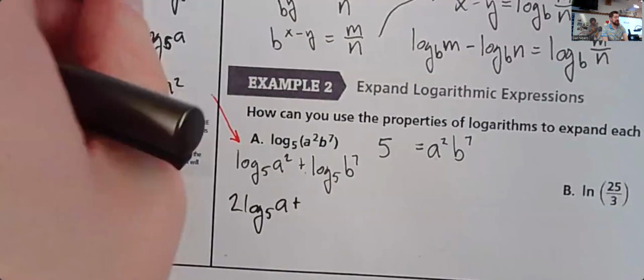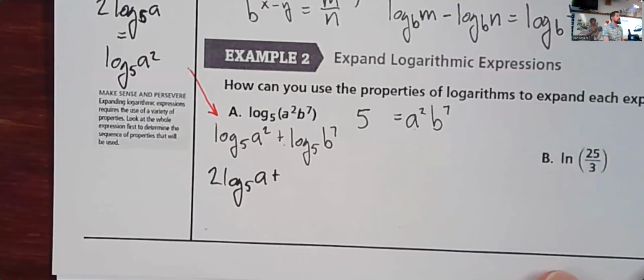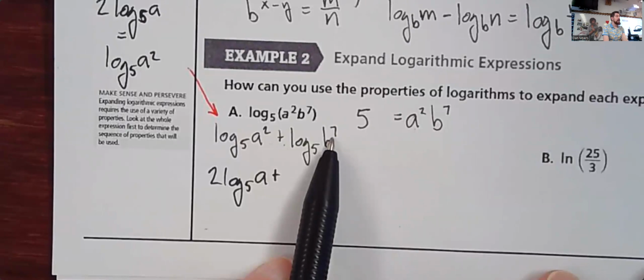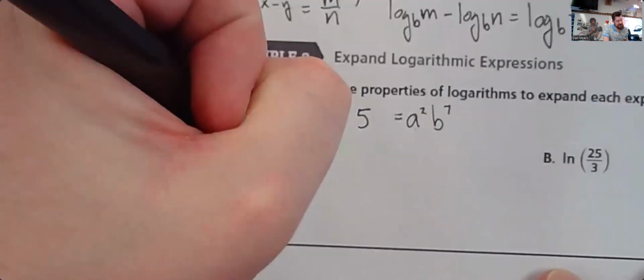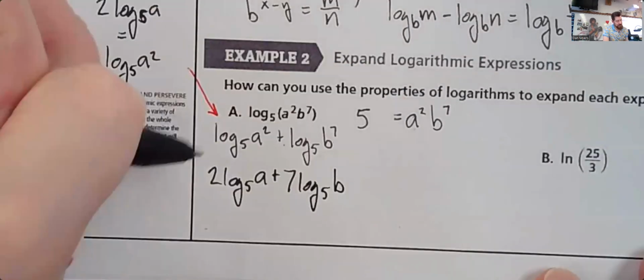Use that same logic with this next one. How many log base 5 of b's do we have over here? 7. So that would be plus 7 log base 5 of b.